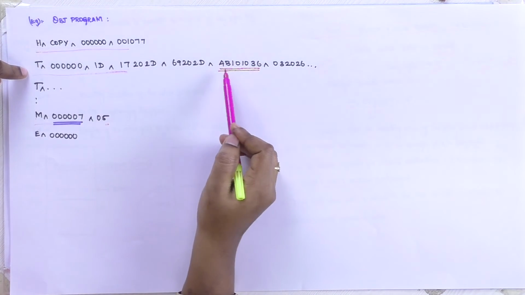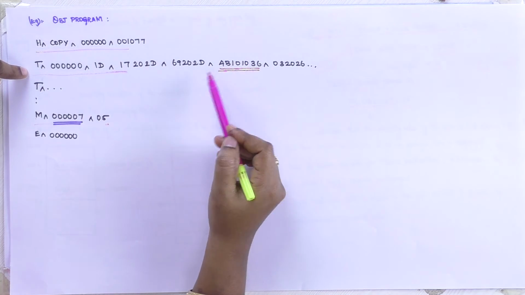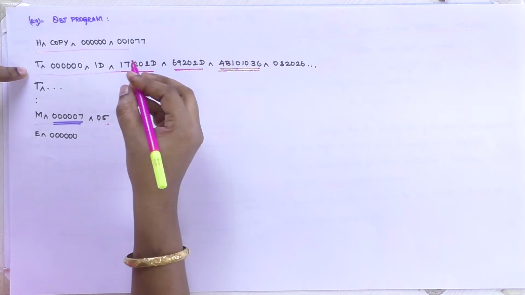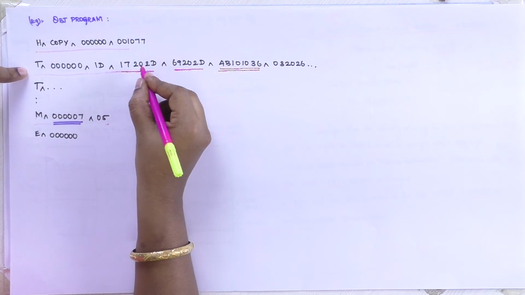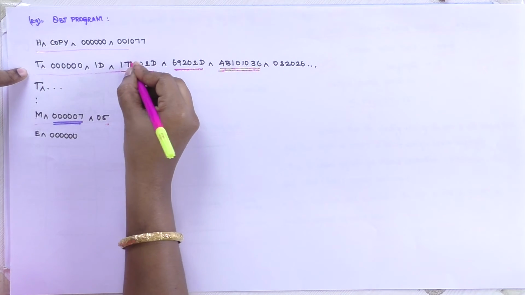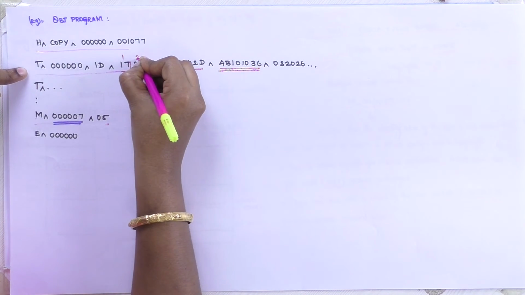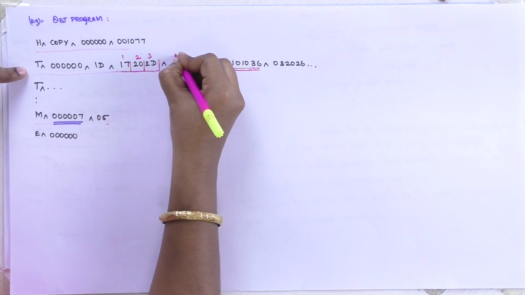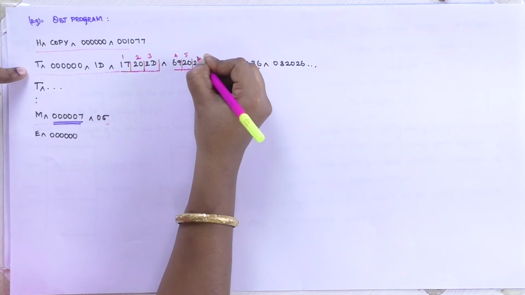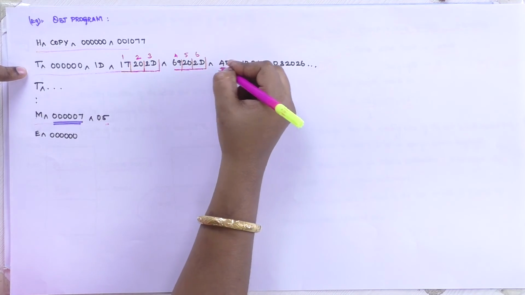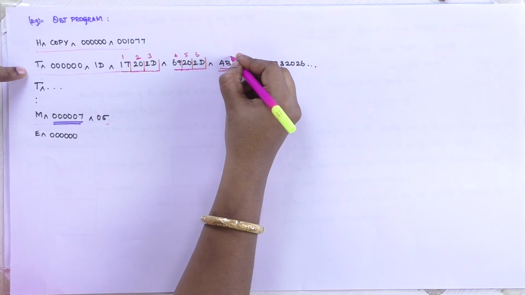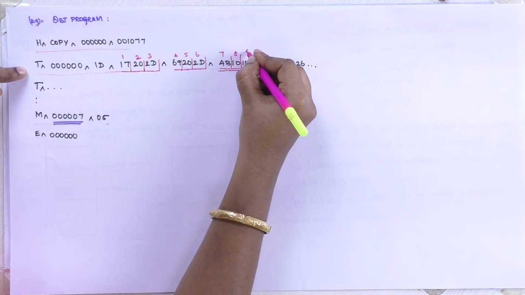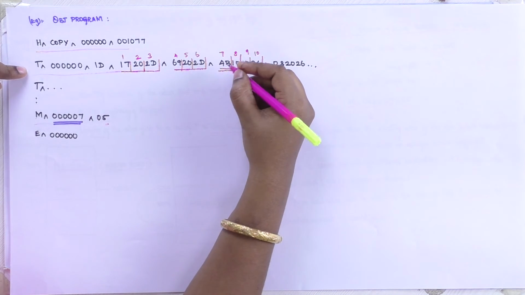See, in this object program, how to find out this 0007. This is one object code, and this is one object code, each of 3 bytes. This is the 1st byte, 2nd byte, 3rd byte, this is the 4th byte, 5th byte, 6th byte, and this is the 7th byte, 8th byte, 9th byte, 10th byte.